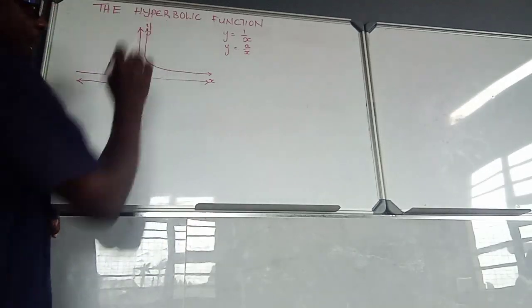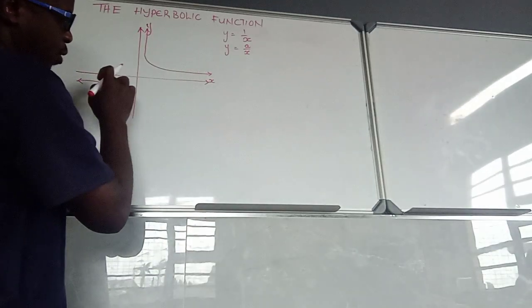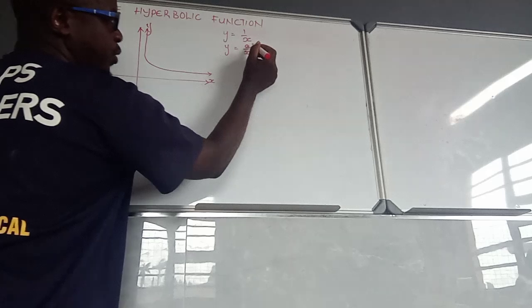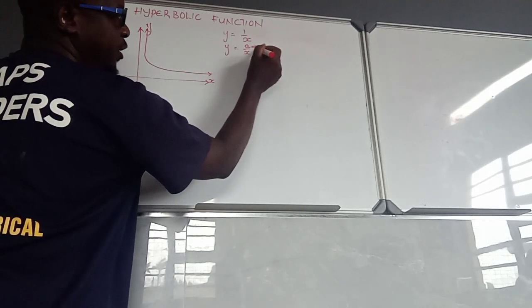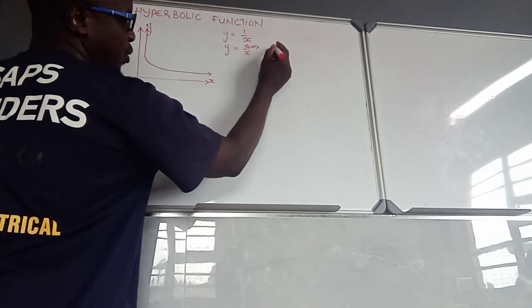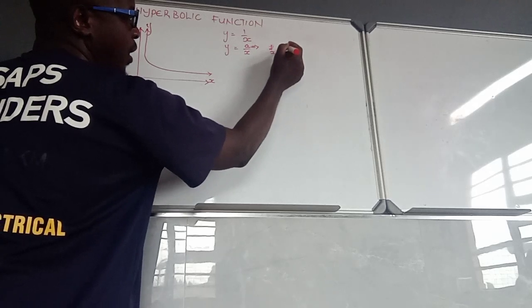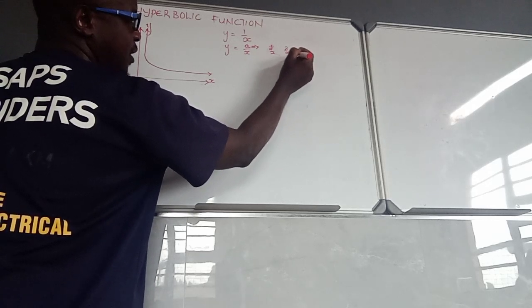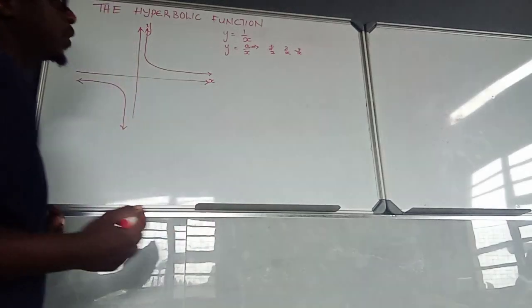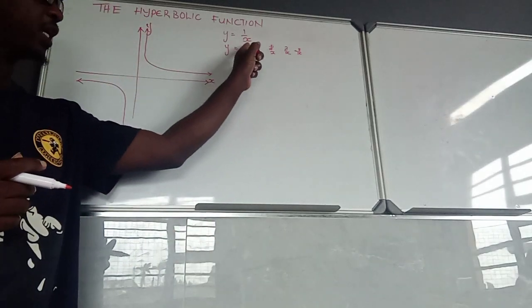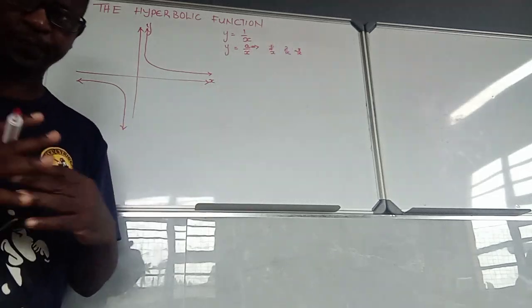So the hyperbola can be y is equal to 1 over x, but I can also put an a which represents any number, so maybe it's 1 over x, or 2 over x, or 3 over x. By the way, the effect of a, which is this number here, is that it stretches the graph.